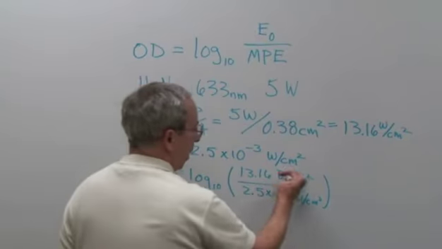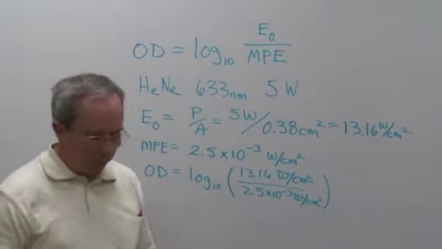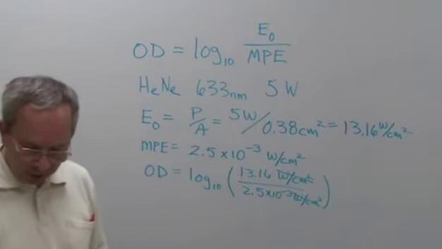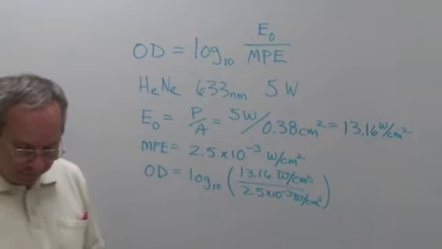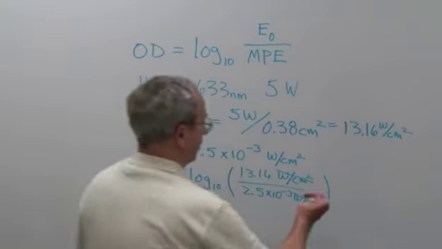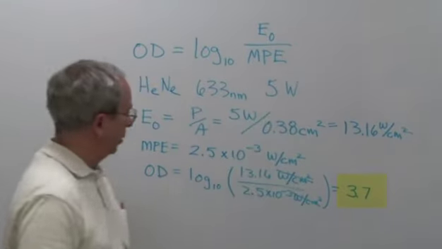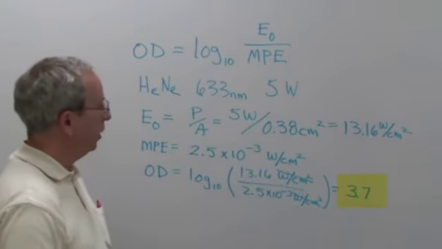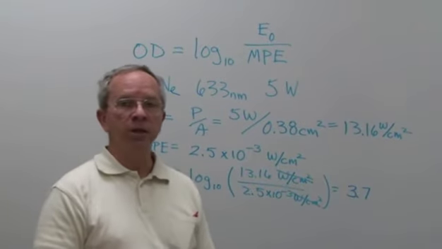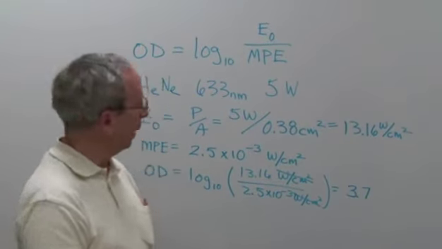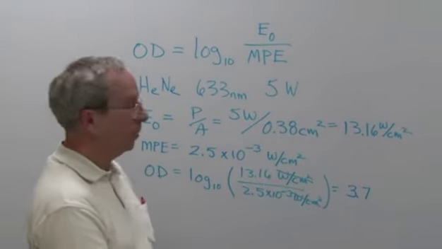We'll see that the watts per centimeter squared cancels out. So we can put the ratio of 13.16 and 2.5 times 10 to the minus 3, take the log base 10, and that calculates out to 3.7. So an optical density filter of 3.7 would be sufficient to protect our eyes for the blink reflex of 1/4 of a second of the helium neon laser.